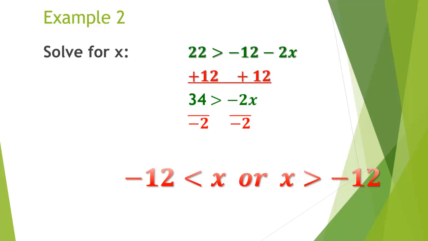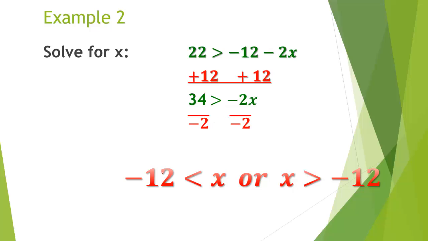So I have this worked example here. So we have 22 is greater than negative 12 minus 2x. I added 12 to both sides because I have a negative 12, so I added 12, which is going to give me 34 is greater than negative 2x.